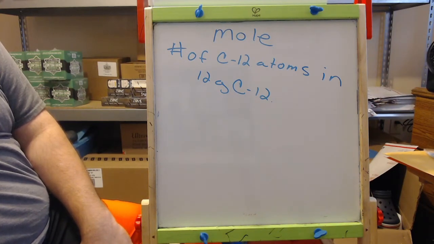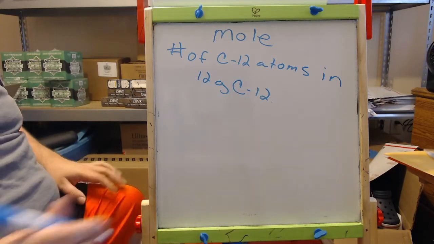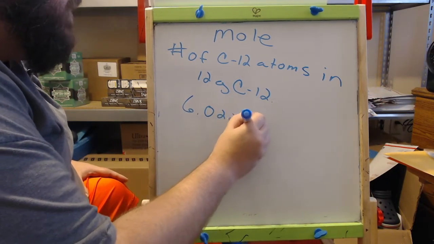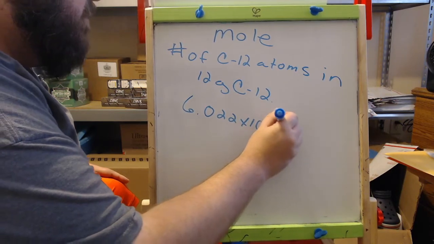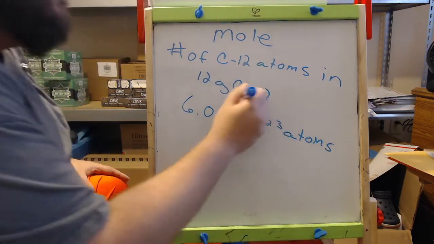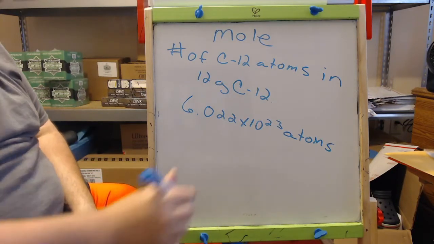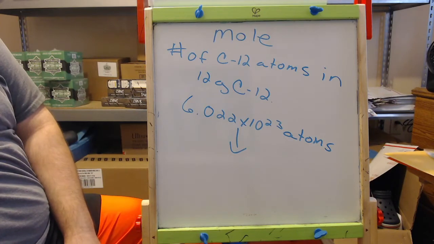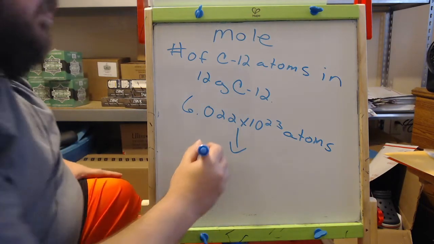All right. What they found is that there are 6.022 times 10 to the 23rd atoms of carbon-12 in 12 grams of carbon-12. Okay. This is known as Avogadro's number.